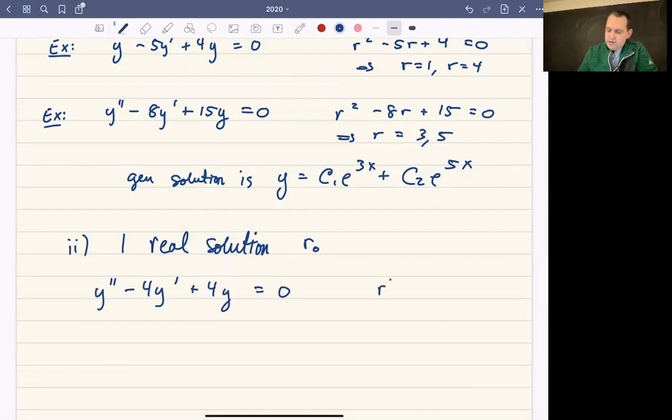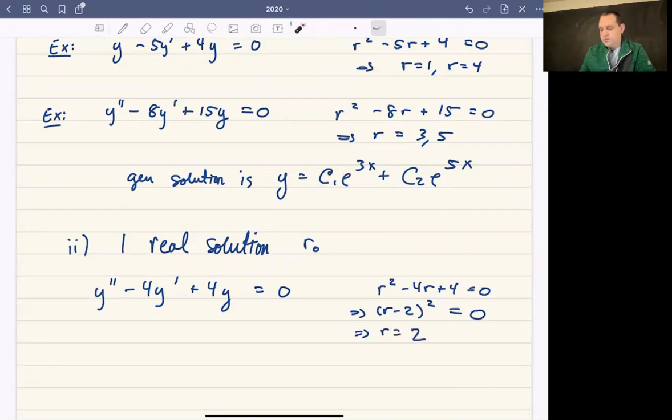You'd have r squared minus 4r plus 4 equals 0. This becomes r minus 2 squared equals 0. And so that tells us that our solution is r equals 2 of multiplicity 2. It's a solution twice, because we have that square.